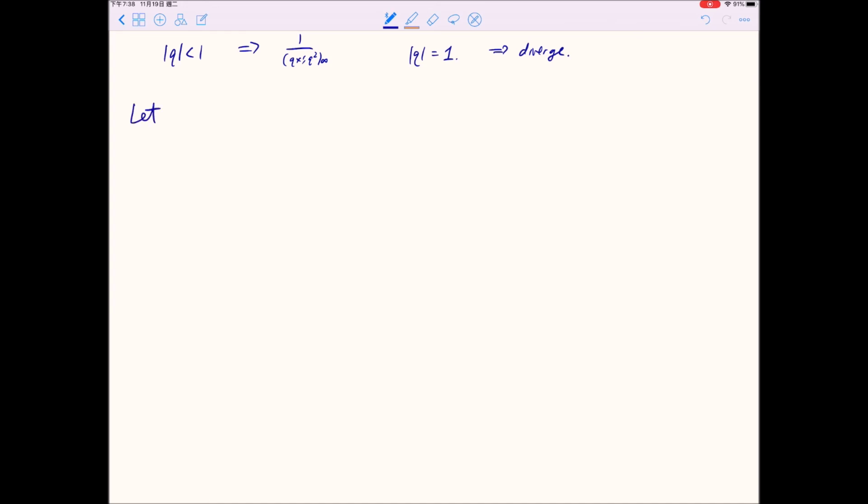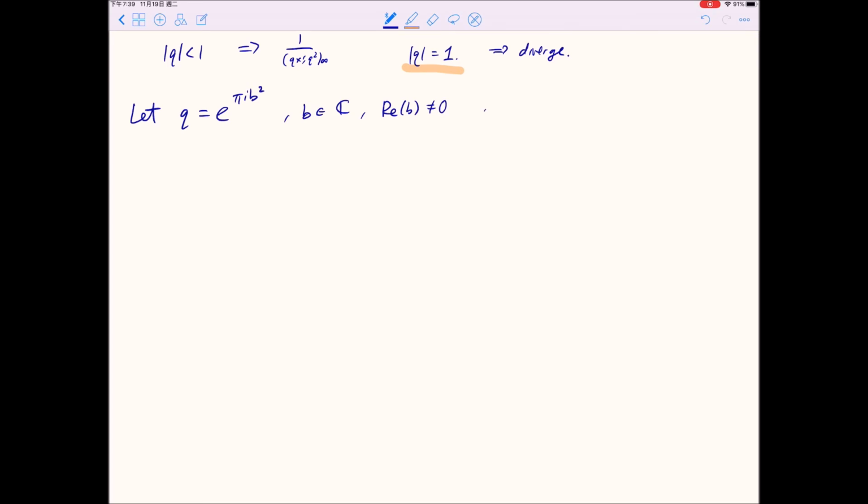So let's stick to this situation, and we let q be e to the pi i b squared, and we are interested in the case when b is real. But first, let's relax a little bit and say b is complex with non-zero real part.